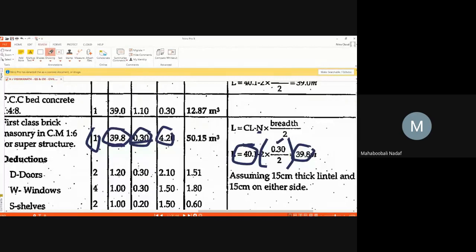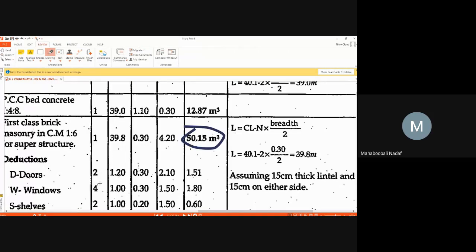So the corrected total length into all these things, how much are you going to get? Has anyone calculated this? 50.15. Are you getting the same answer?